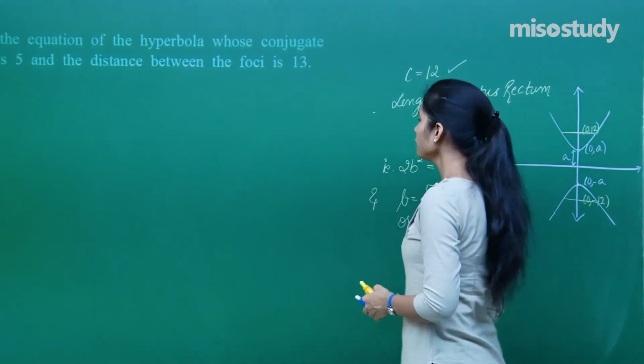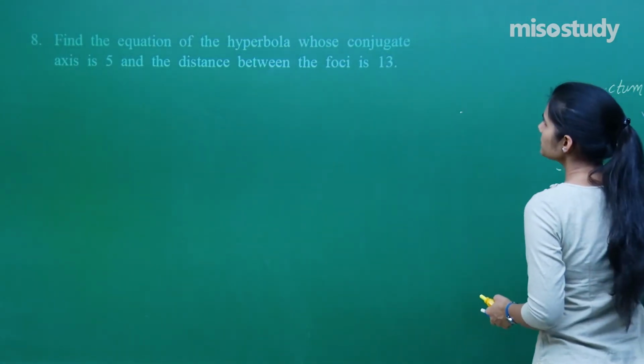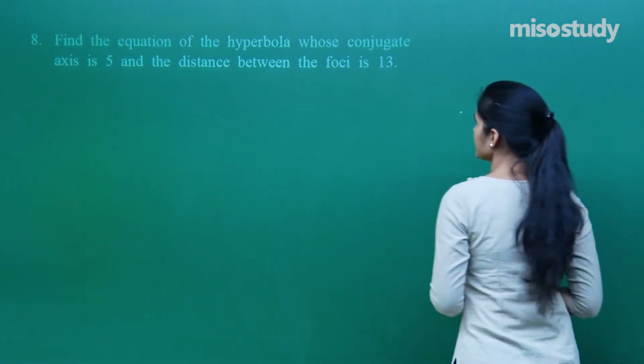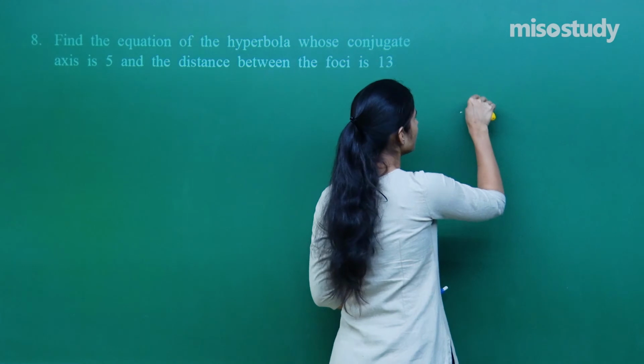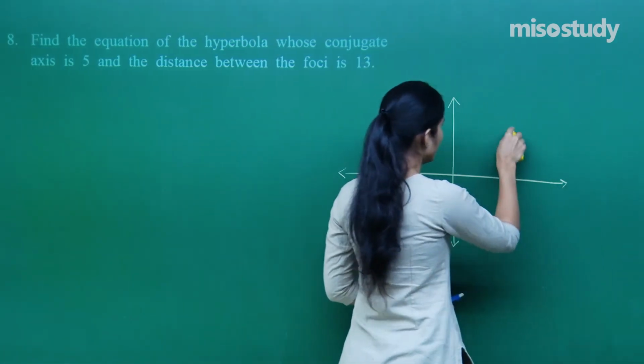We have to find the equation of the hyperbola whose conjugate axis is of length 5 and distance between the foci is 13. So here let's take the standard hyperbola itself.